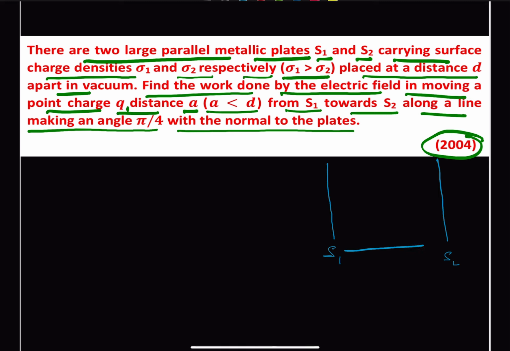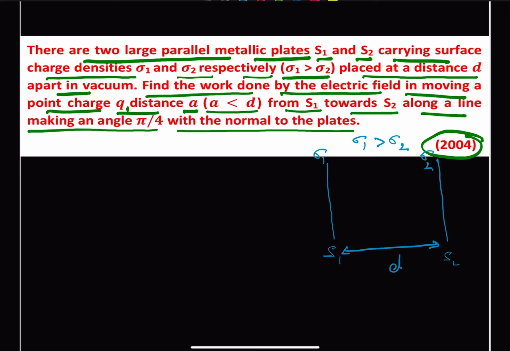Distance between the two is given as capital D, and S1 is having a charge density of sigma 1, S2 is having a charge density of sigma 2, and we have to remember that sigma 1 is greater than sigma 2, and we are moving a point charge from S1 towards S2.